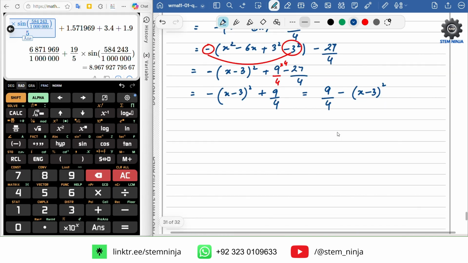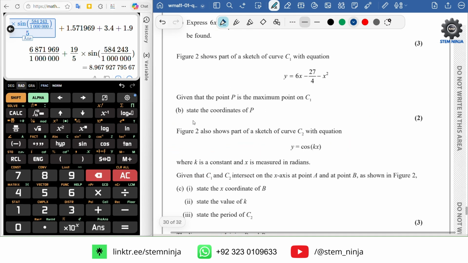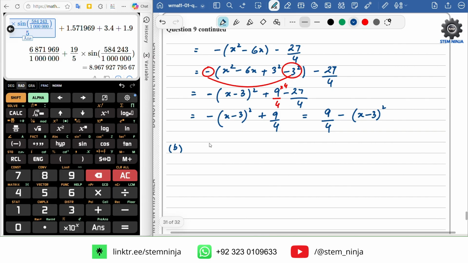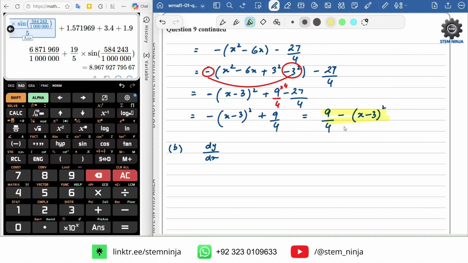Okay, so first off, we need dy by dx. So dy by dx, we can differentiate this thing if you know a little bit about the chain rule. So derivative of 9 over 4 is 0, minus 2 comes down, x minus 3 multiplied by the derivative of x minus 3, which is just 1.